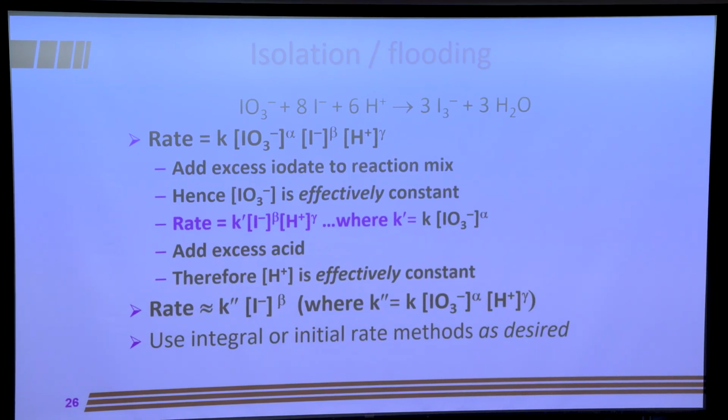So if you plot log of the rate versus log of I minus, you should get beta. So use the integral or initial rate method as desired to determine what beta is. But you can then isolate I minus by flooding the system with the other reactants. So that's why it's called isolation flooding, okay?